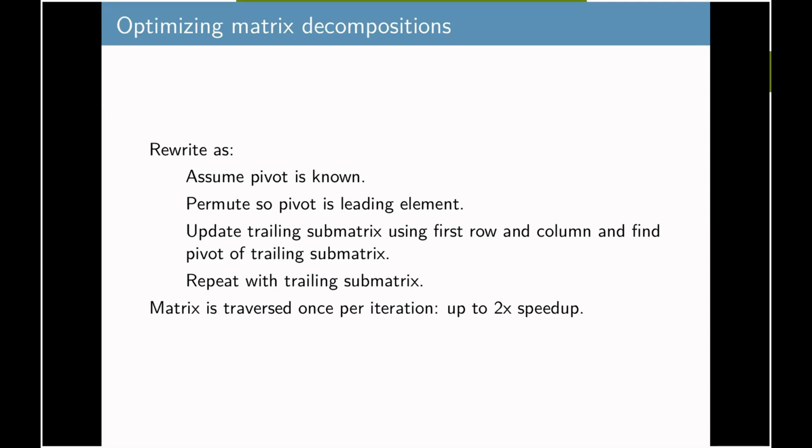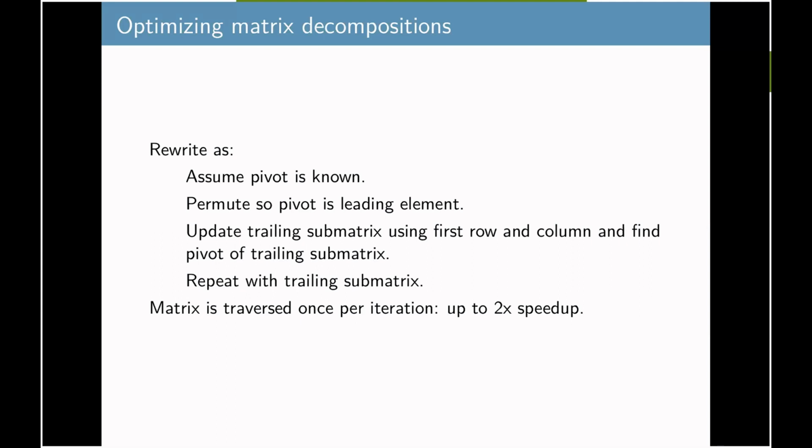If it's the first iteration, we just compute the pivot as usual, but after that, we assume it is known. We permute the matrix so that the pivot is the top left element. And then instead of doing the update and the pivot search in two steps, we fuse them in one step. So we update the matrix and simultaneously keep track of the largest element in absolute value. And then we save that value and use it as a pivot for the next iteration.